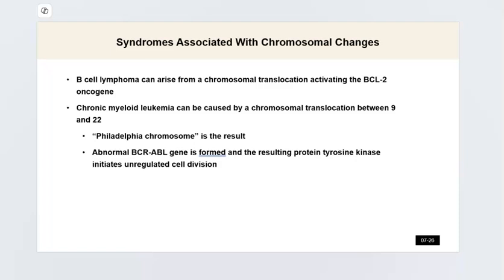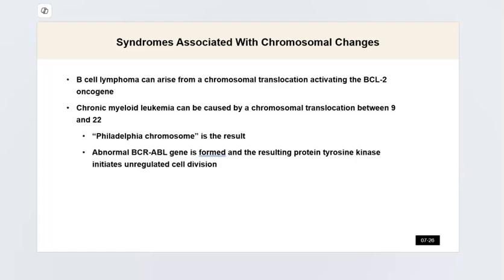B-cell lymphomas can arise from a chromosomal translocation activating the BCL2 oncogene. Chronic myeloid leukemia, this is something that I remember having on board exams, is caused by a chromosomal translocation between 9 and 22, which is the Philadelphia chromosome.